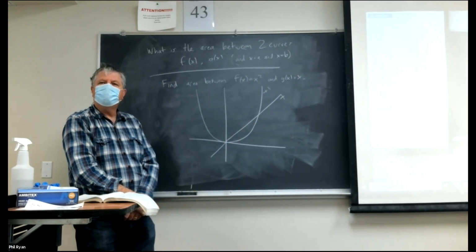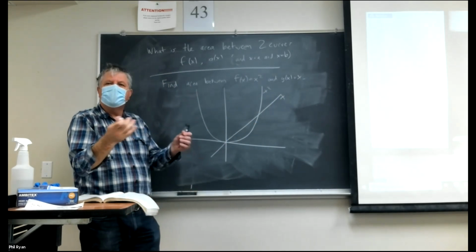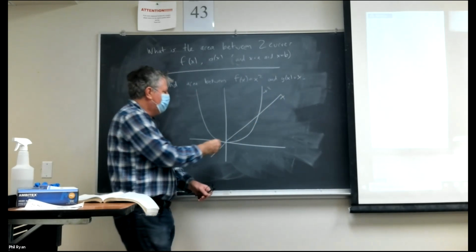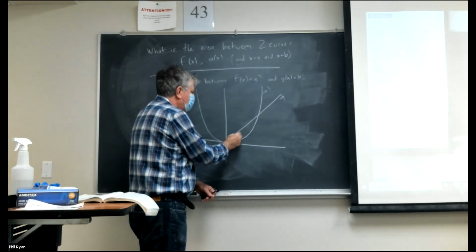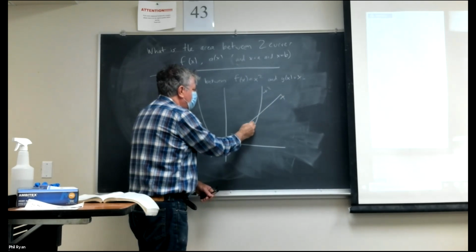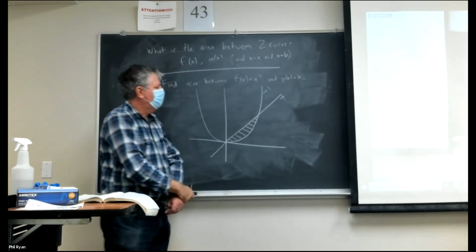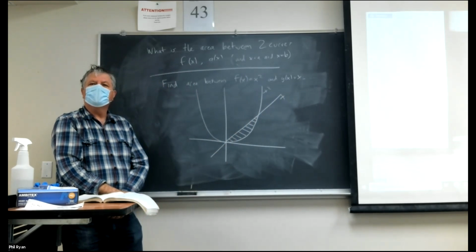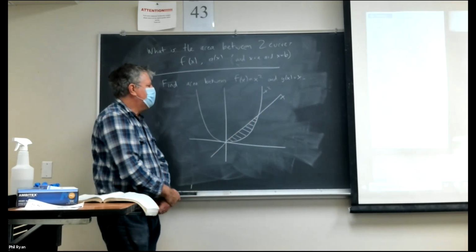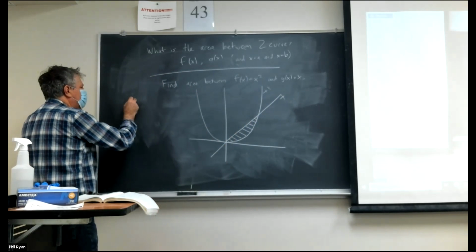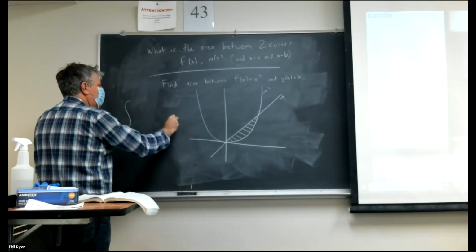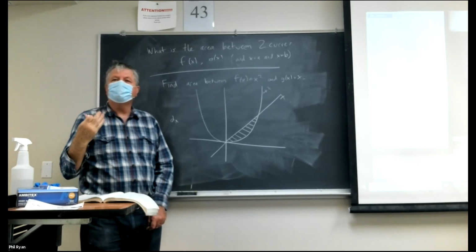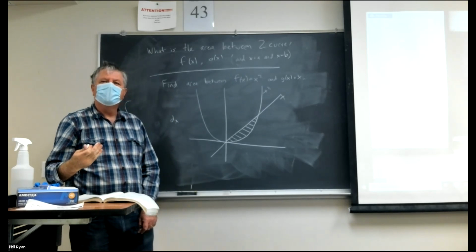So after you graph it, you can see that I don't need to give bounds, right? There's quite a definite area between the two curves. Okay, and so now if I want to write that as an integral, I actually have to find the bounds myself.